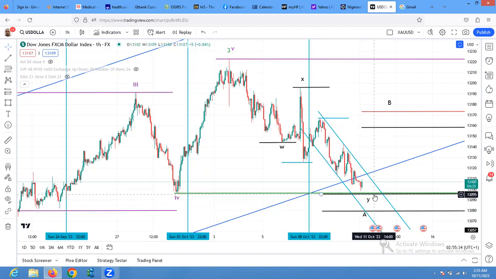So we are expecting a reaction within this zone here to have a wave B correction. It will be safe for us if we are selling US dollar index to exit around this area and watch for what price action.